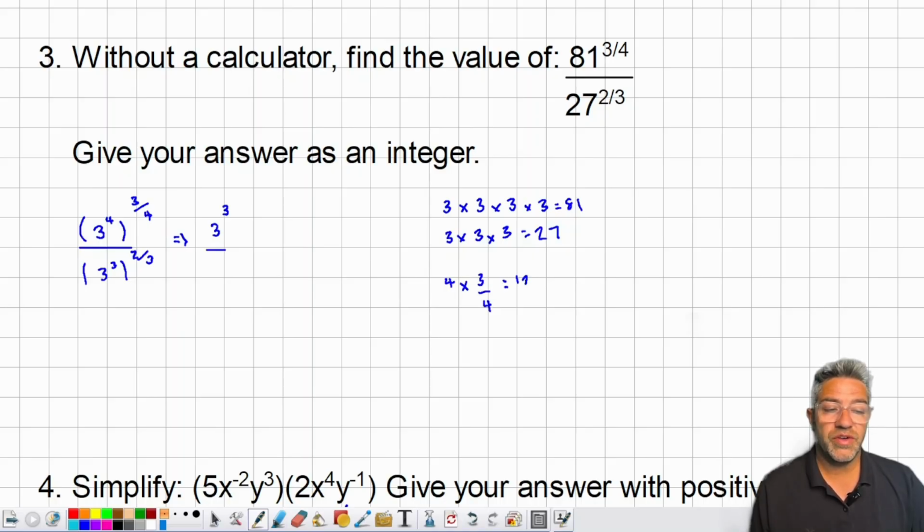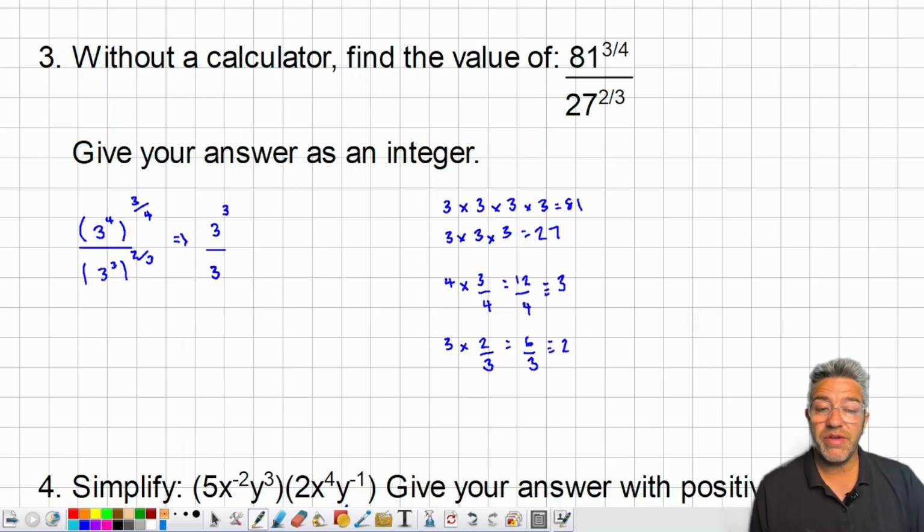That equals 12 over 4, which is equivalent to 3. Hence, I've written 3 cubed. We now need to do 3 times 2/3. That equals 6 over 3, which is equivalent to 2.